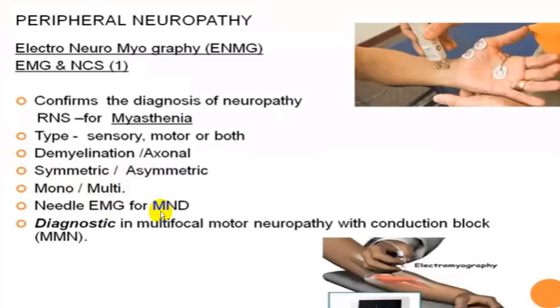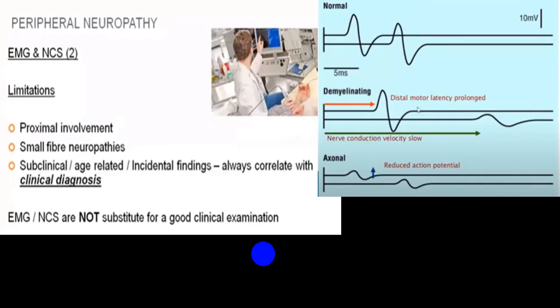Needle EMG is required for motor neuron disease and even for diagnosis of multifocal motor neuropathy with conduction blocks. These are all the different conditions where you will require EMG with nerve conduction study, and when you do both together, it is called ENMG.